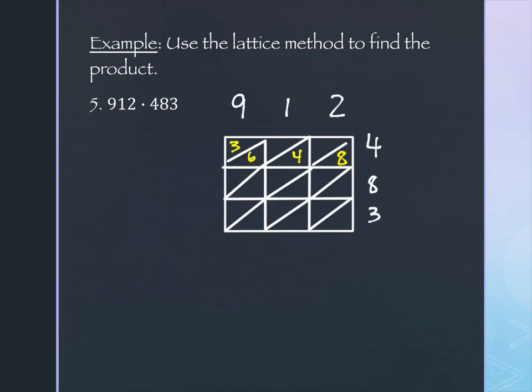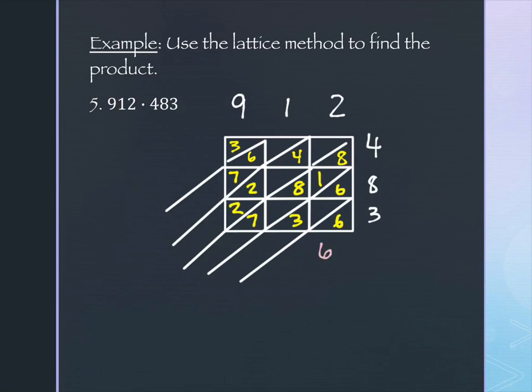Now I have 9 times 8, which is 72. 1 times 8 is 8, and 2 times 8 is 16. 9 times 3 is 27. 1 times 3 is 3, and 2 times 3 is 6. We extend our diagonals. And we add values together.